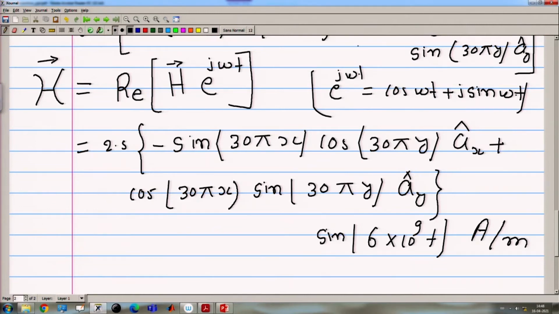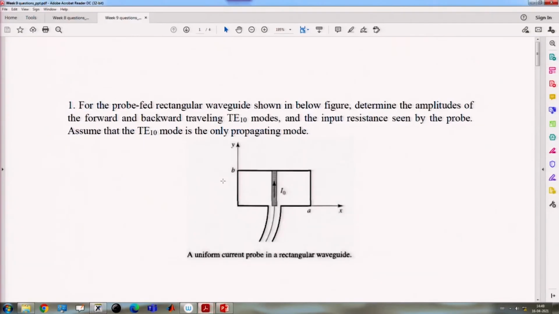So, from this we can go to the week 9 numerical problems. Here is the first problem. For the probe-fed rectangular waveguide shown in the figure below, you can see this is the rectangular waveguide that is fed with the probe in the middle.